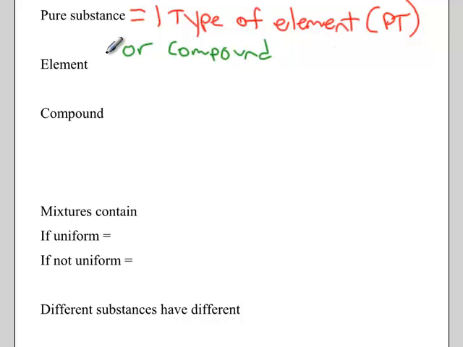And a compound is a combination that's made of two or more elements.